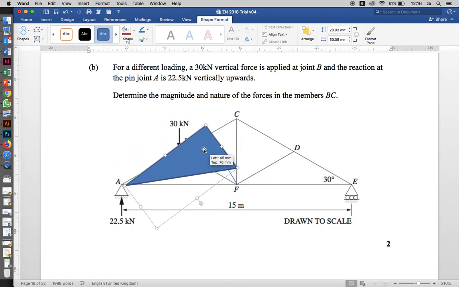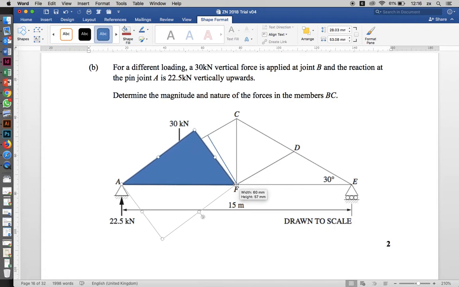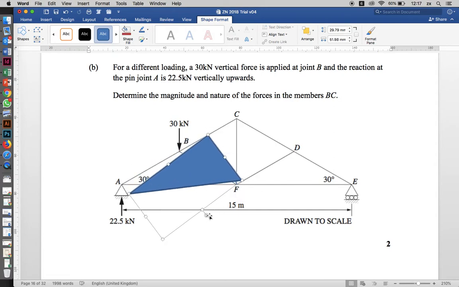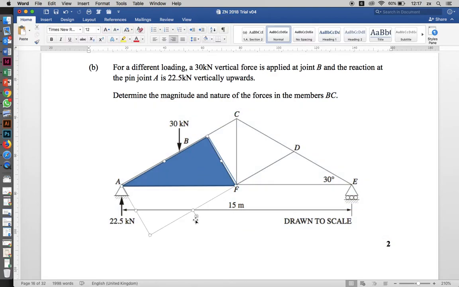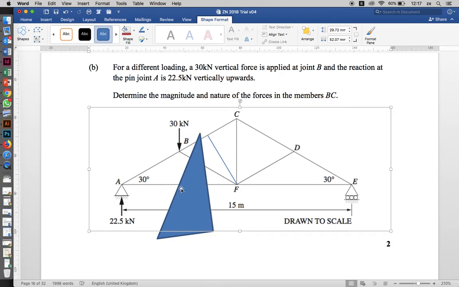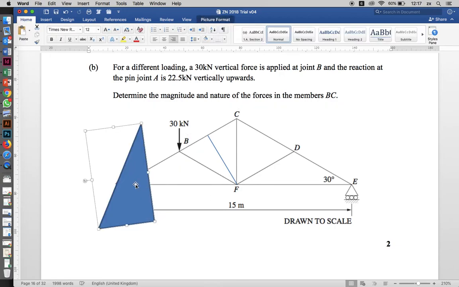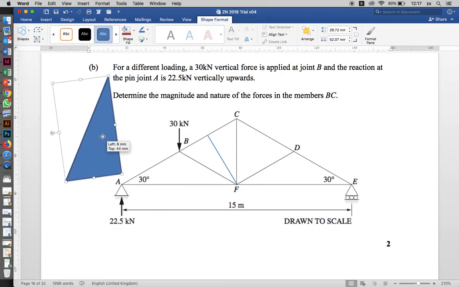Okay, so we've got a 30-60 triangle. Whenever we have a 30-60 triangle, we know that the long side is twice as long as the short side.